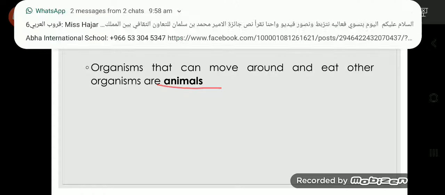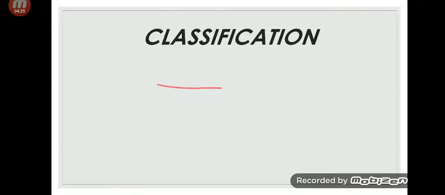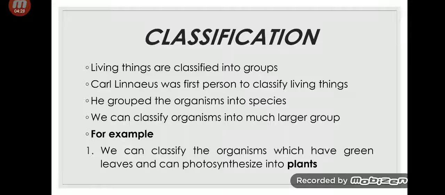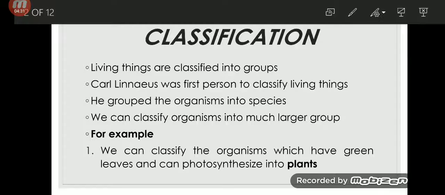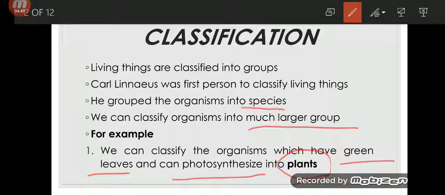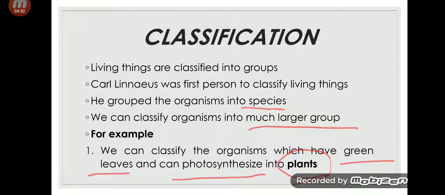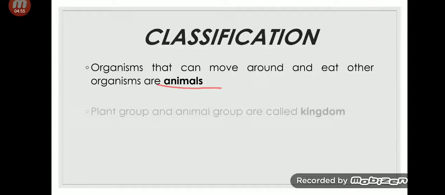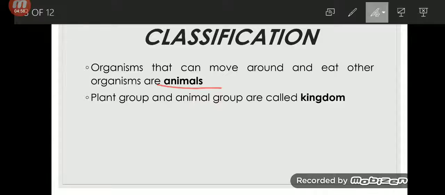So what is classification? Living things are classified into groups. Carl Linnaeus classified organisms into species, but we can classify organisms into much larger groups. Number one is plants. We can classify the organisms which have green leaves and can photosynthesize into plants. Next, organisms that can move around and eat other organisms are called animals, right?